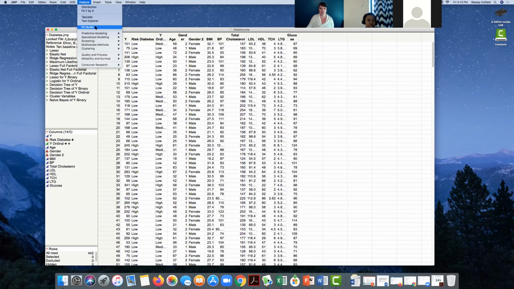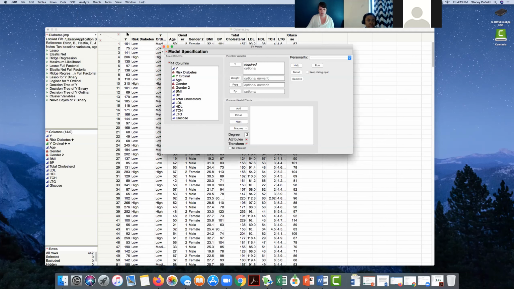And that's where we get into Fit Model. And so my risk is my outcome. And you'll see here it's a nominal logistic because there's only two categories. So there's no low, medium, high, it's just low, high. It's only two categories, so it can be nominal logistic, it doesn't matter. And now I want to put my age.